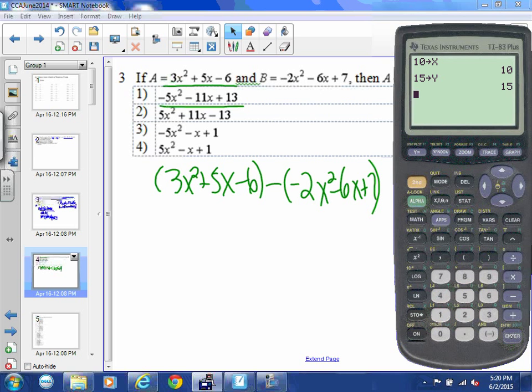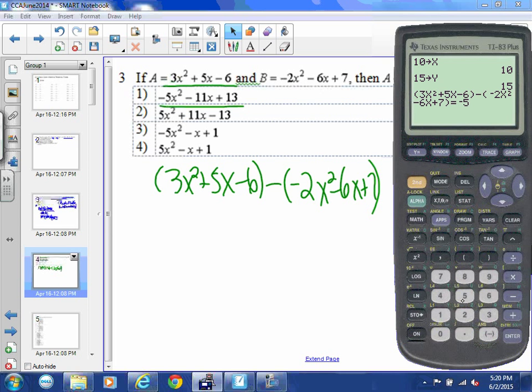I do this once, I'm good for the rest of the exam. Then 3x² + 5x − 6 minus (−2x² − 6x + 7). Second test equals, and I'm going to type in each choice.